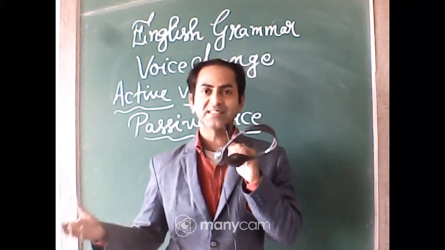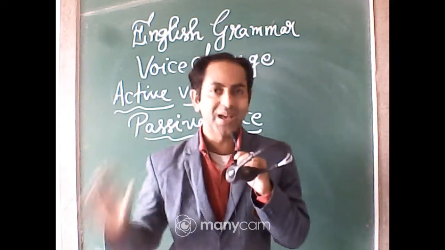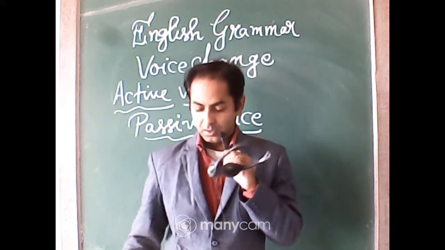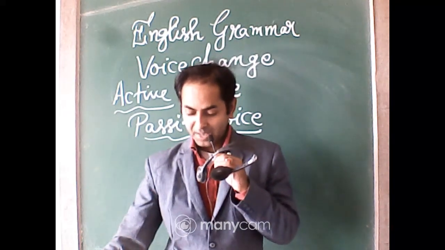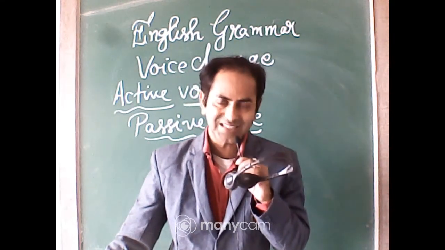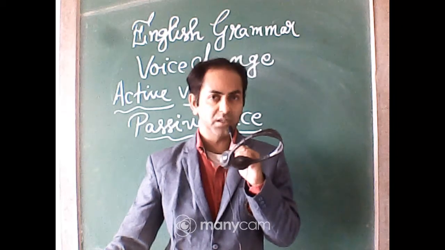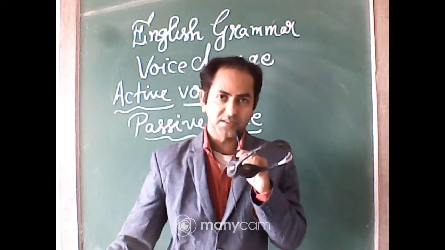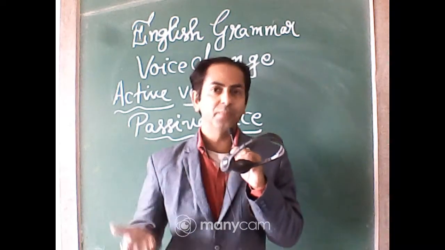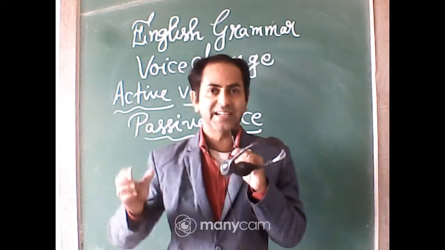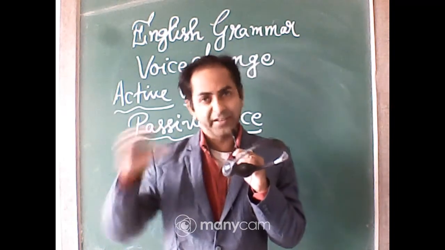When somebody has done the work but we don't know who has done it, passive voice can be used. For example, mother's purse was stolen. Now who has stolen the purse? It is unknown, but somebody has stolen it. That's why the requirement of passive voice is there. We need to inform that mother's purse was stolen, and it must be stated in that correct form.